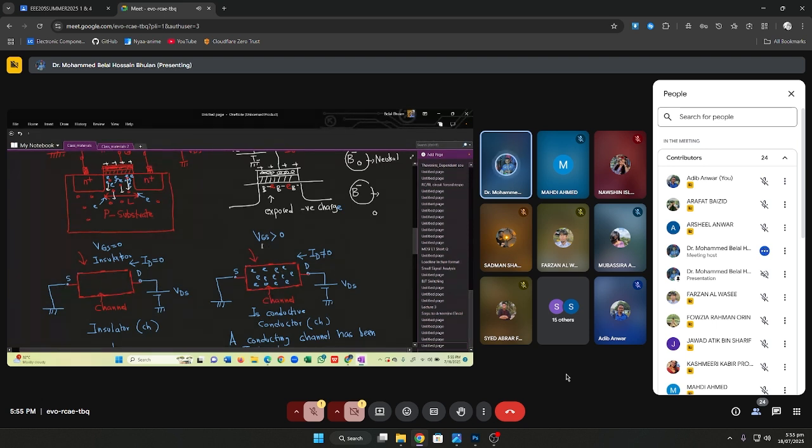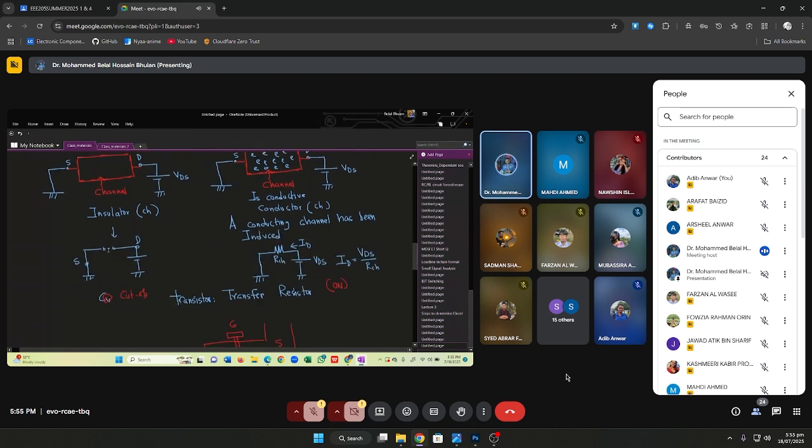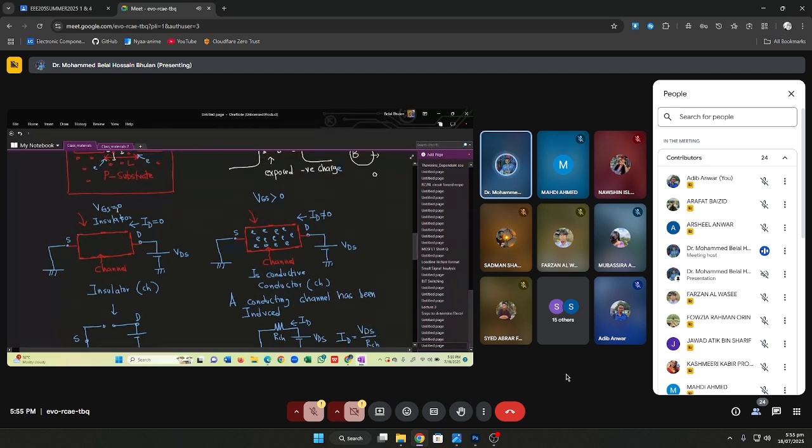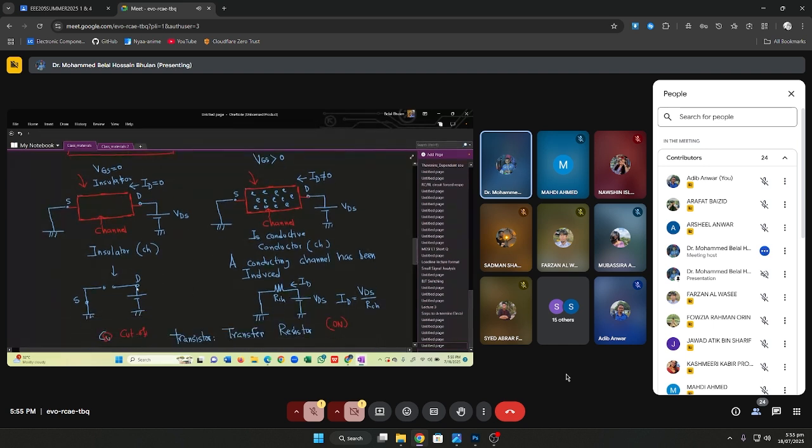On the other hand, when you apply a gate voltage, to be precise, we have to have VGS greater than or equal to the threshold voltage. Then we have a sufficient number of electrons accumulating in the channel region, so its conductivity has changed. So it looks like an insulator when VGS is 0, and it's like a normal resistor when the gate voltage is more than 0.